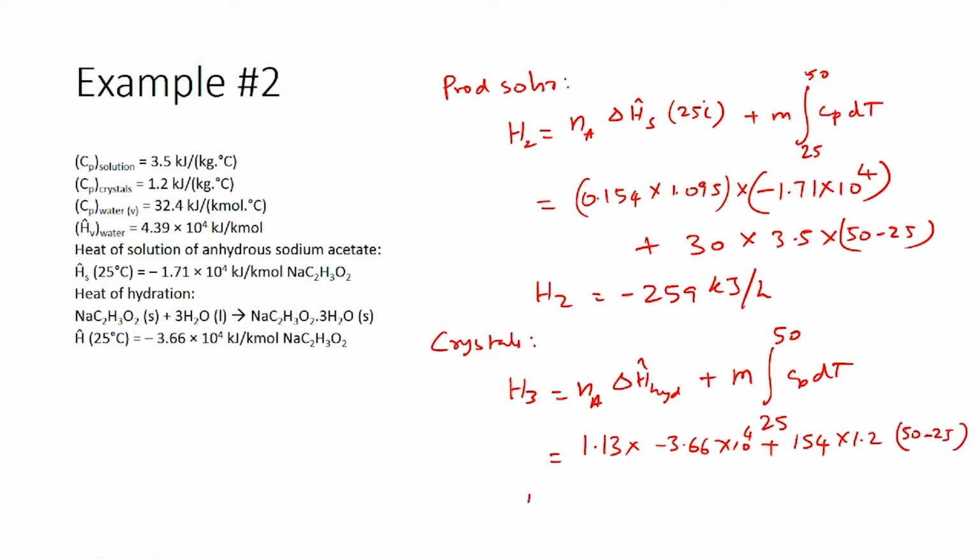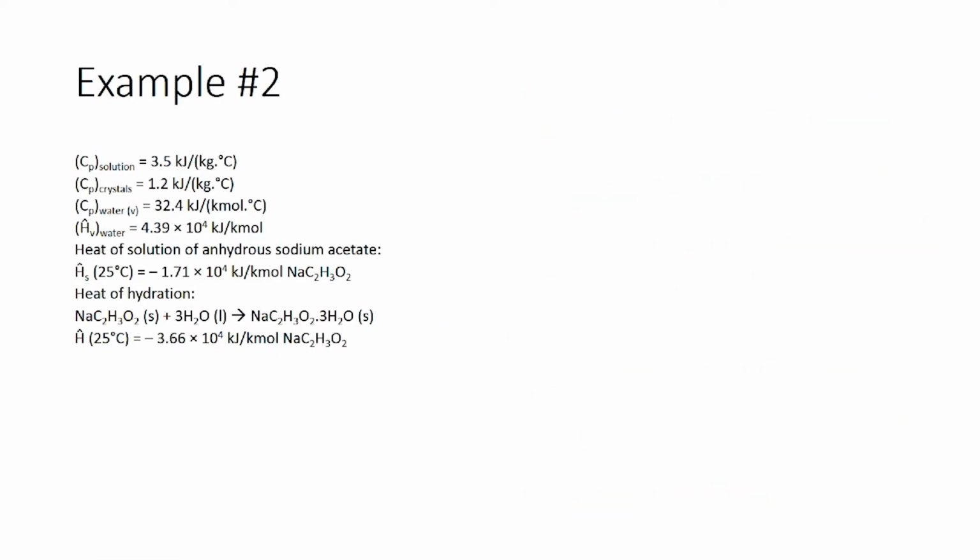So, H3 would be equal to minus 36700 kilojoules per hour.